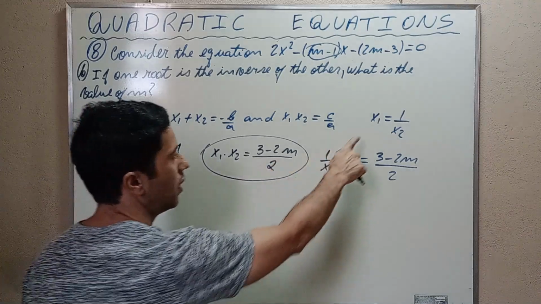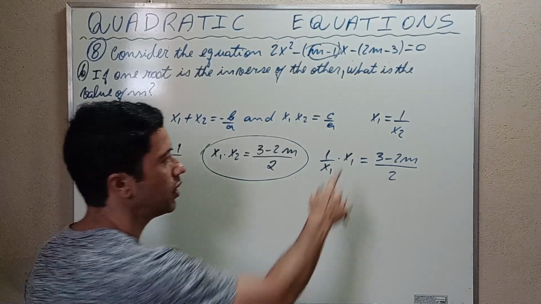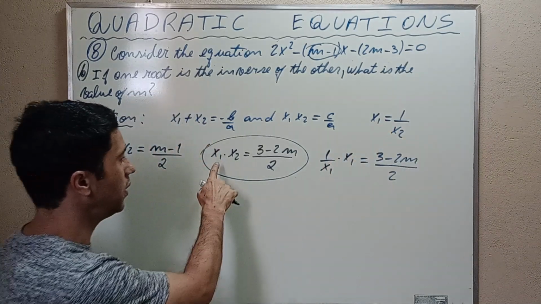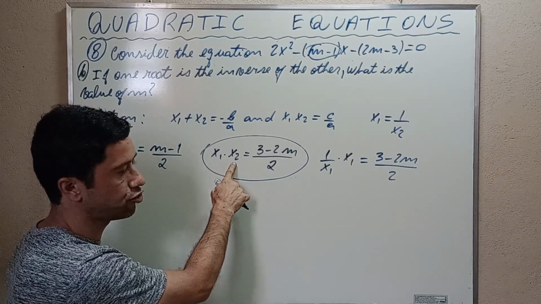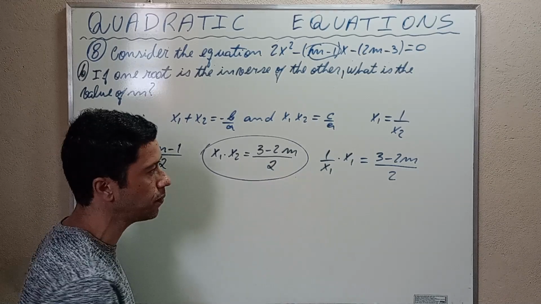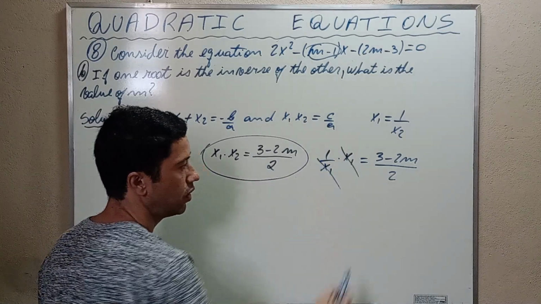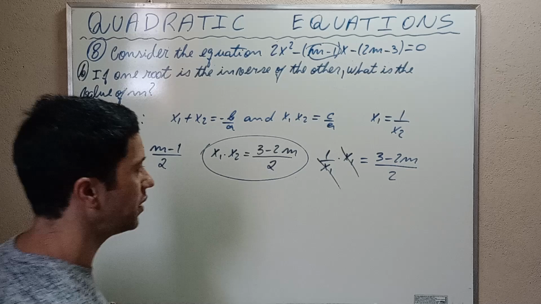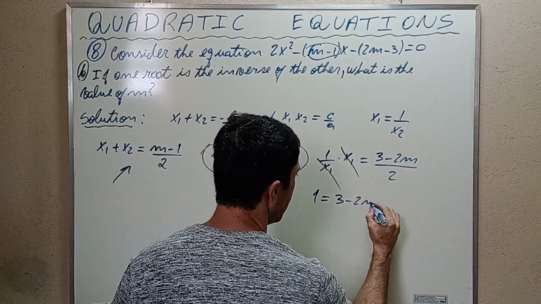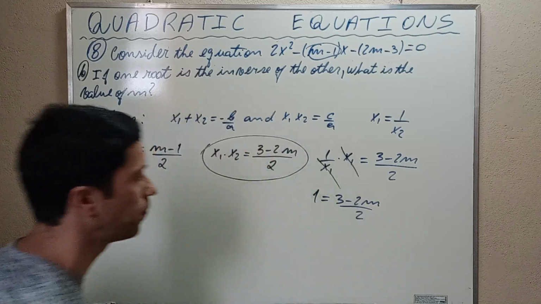Observe that, as the exercise imposed, x1 is the inverse of x2. Then, in place of x2, I can put 1 over x1 here, and I can cancel this with this, and I find that 1 is equal to 3 minus 2m divided by 2.